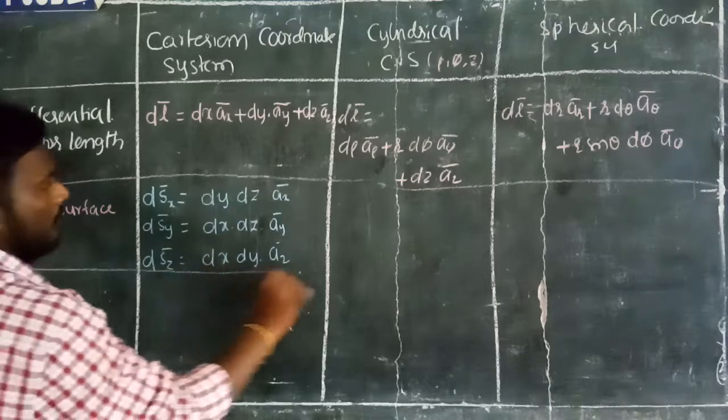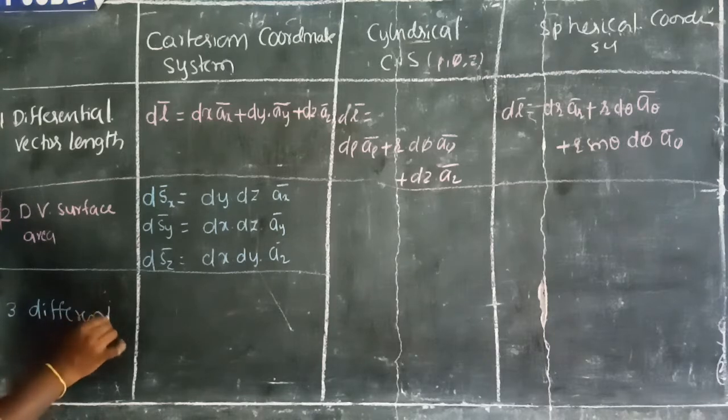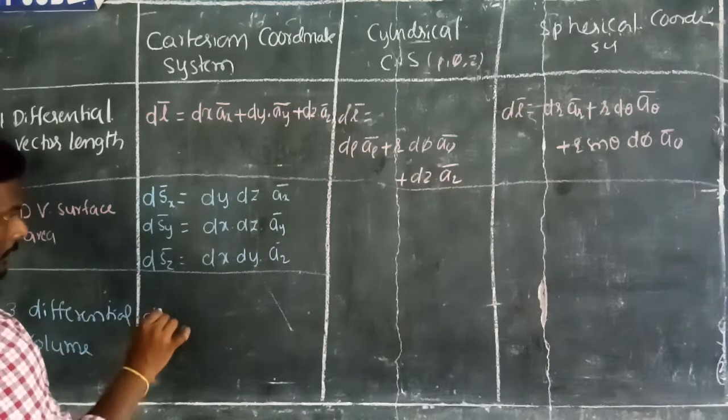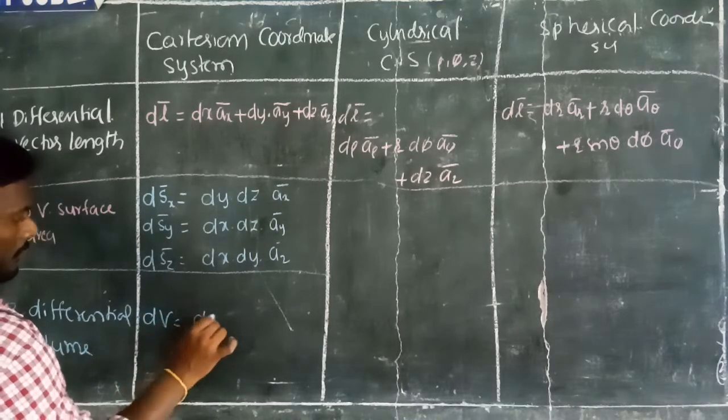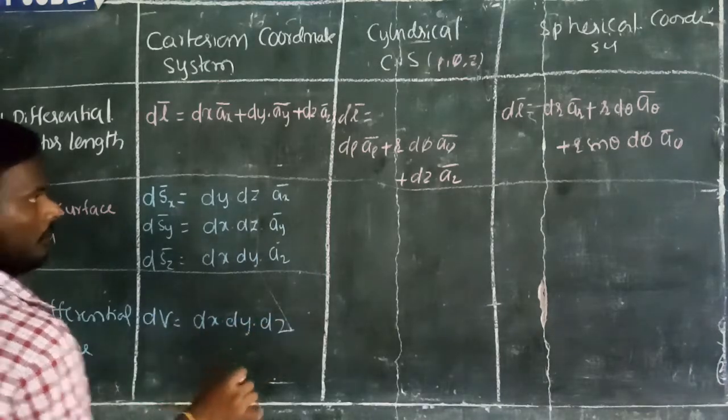This is the differential vector surface area, and the differential volume dv is equal to dx dy dz.